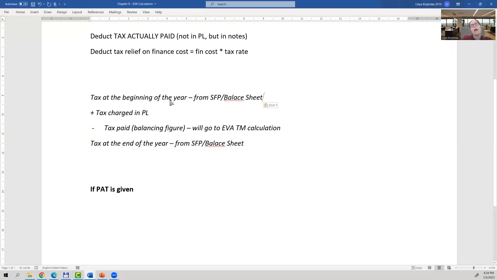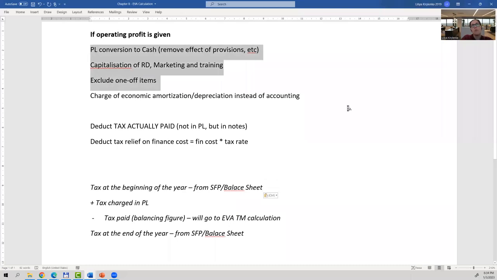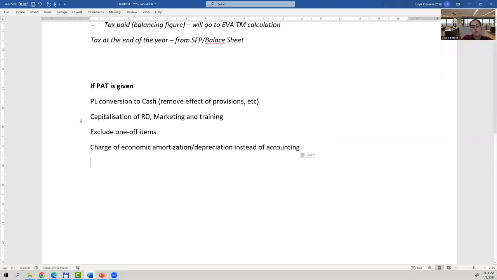Now, this is what we do when we have operating profit. If we have profit after tax, the story will be a little bit different. Well, ordinary adjustments would be the same, but we need to see the difference. What is the difference between profit after tax and operating profit? Profit after tax is operating profit plus finance income minus finance cost minus tax, but not just like the tax that we need, but operating tax.